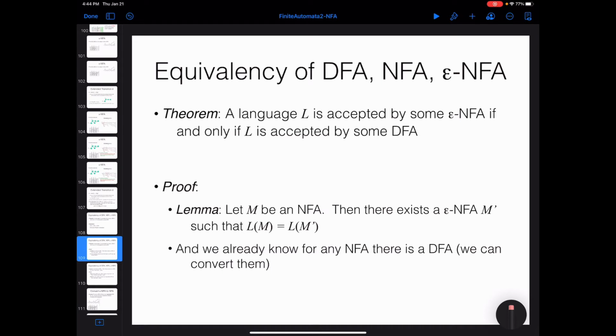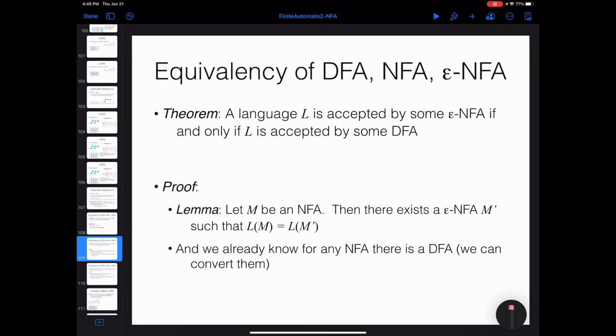So the main thing that we need to prove is, can we convert any epsilon NFA to a DFA or an NFA? Can we remove the epsilon transition from a finite state machine and still have it accept the same language? And the answer is yes.